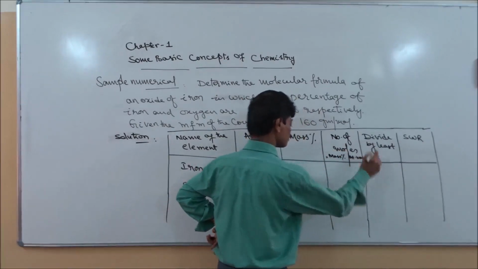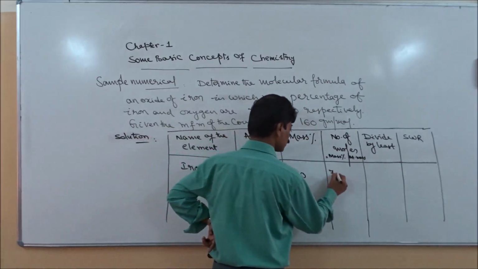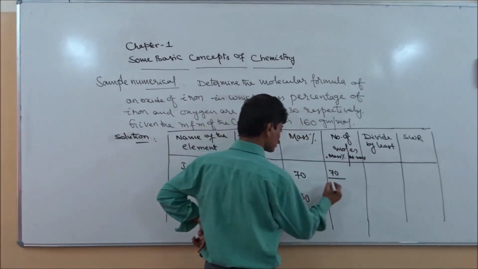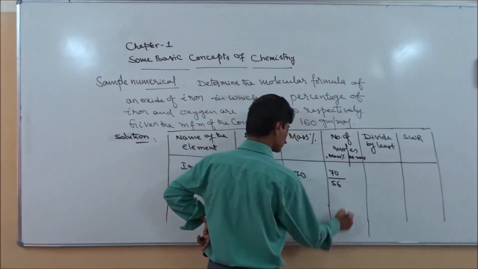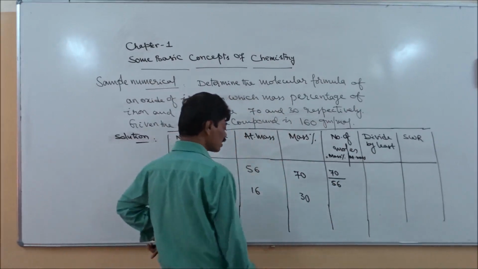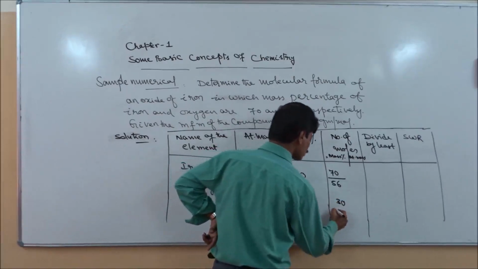This is the formula. So mass percentage 70 divided by atomic mass of iron 56. Same way in the case of oxygen, mass percentage of oxygen is 30 and atomic mass is 16.